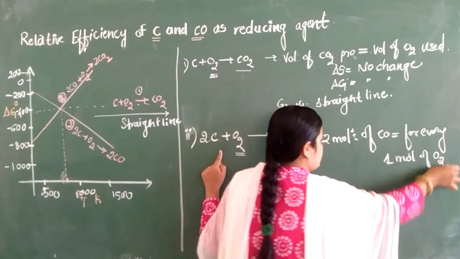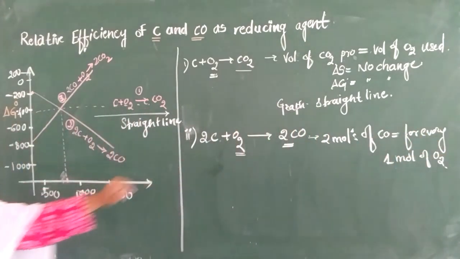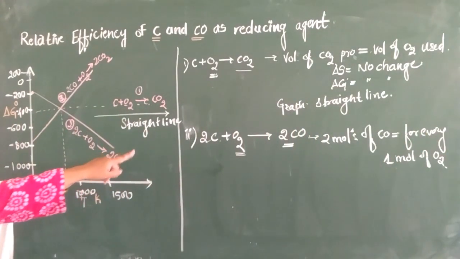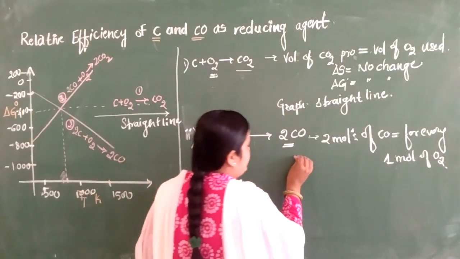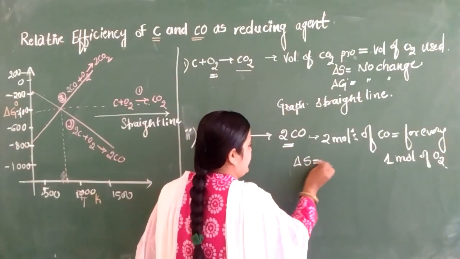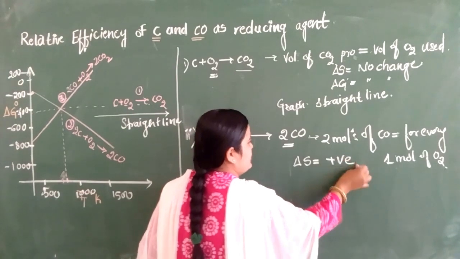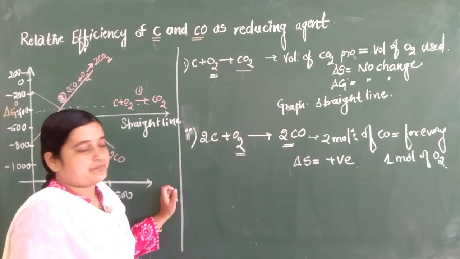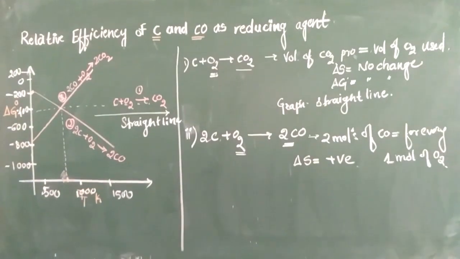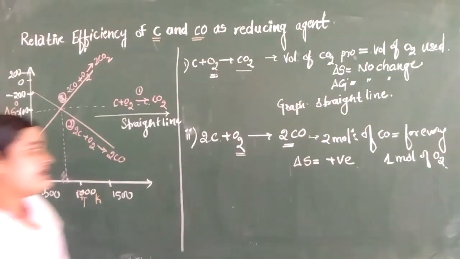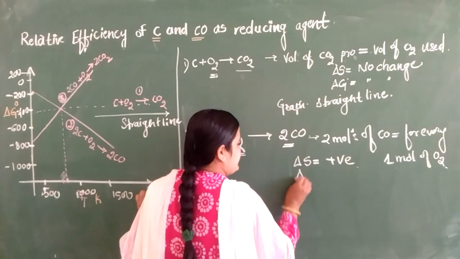So what will happen here? For every 2 moles of carbon monoxide, 1 mole of oxygen is required. Randomness increases, which means entropy changes, that is, delta S becomes positive. And if delta S is positive, what about delta G? Delta G becomes increasingly negative.